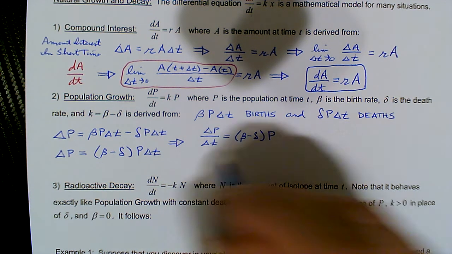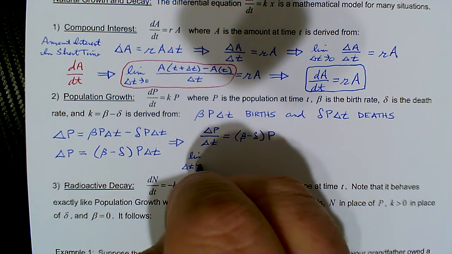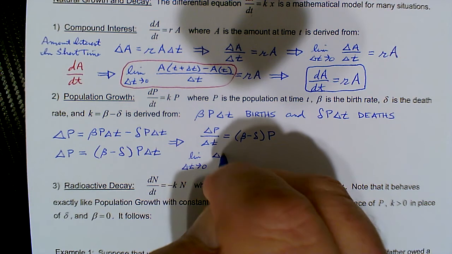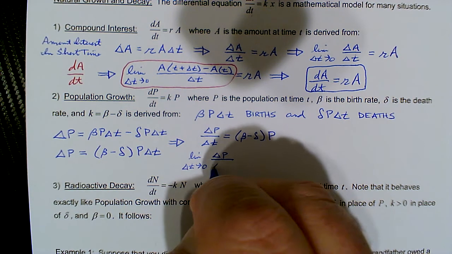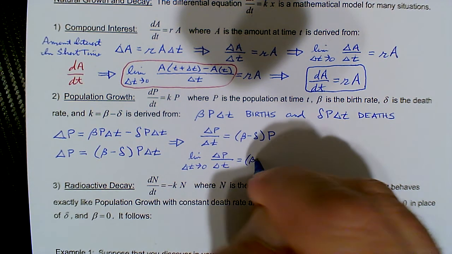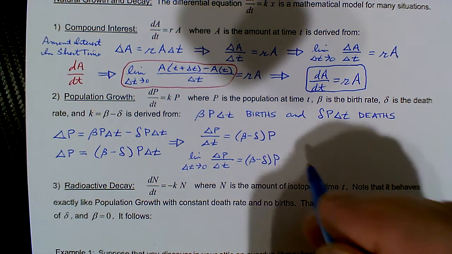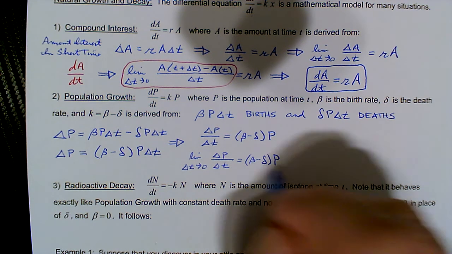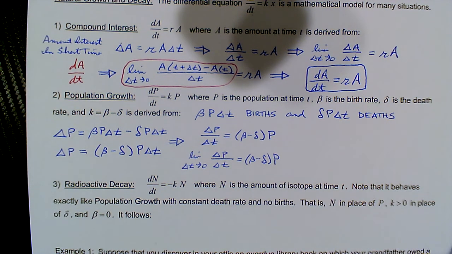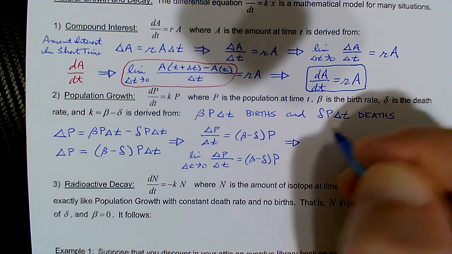And now we consider taking the limit as delta t tends toward 0. Just like the last example, we don't need to take the limit on the right hand side because t is not involved.